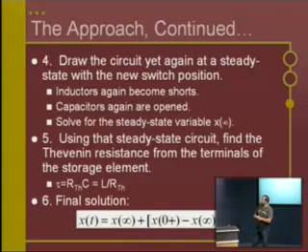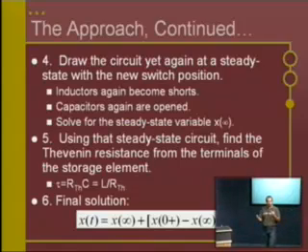Again, using the steady state circuit, find the Thevenin resistance from the terminals of the storage element. That's a key thing. You're always looking from the terminals of the storage element and not from the terminals of a resistor that you might be finding the voltage across, or the current running through. Don't look at that resistor. We're looking from the point of view of the storage element. Since it's a Thevenin resistance, we're going to short circuit our voltage sources and open circuit our current sources.